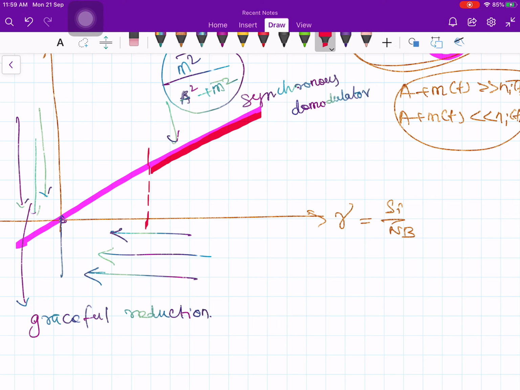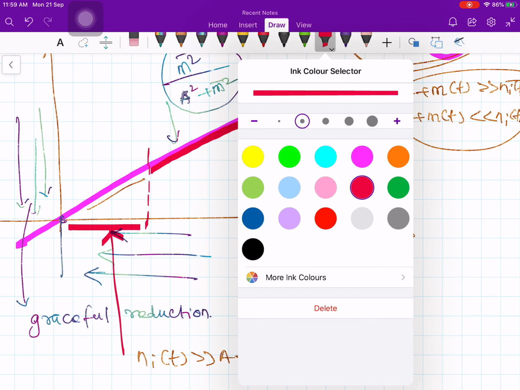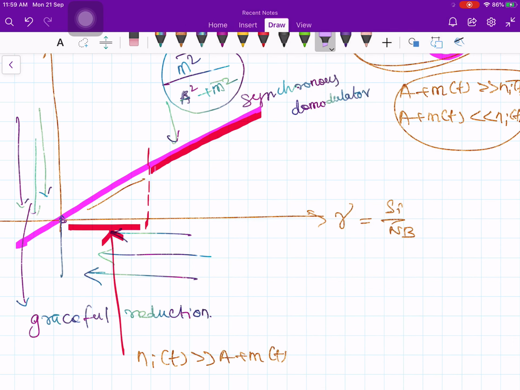So let's say in this range you say this noise power Ni of t is much greater than a plus m of t. Okay, then it will not come like this, but it will break down like this, at low SNR. So this line indicates the envelope detector.